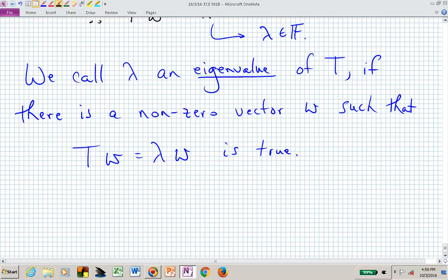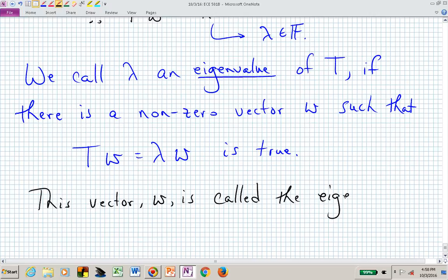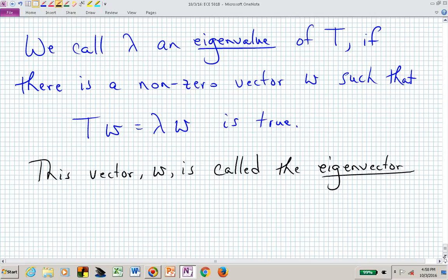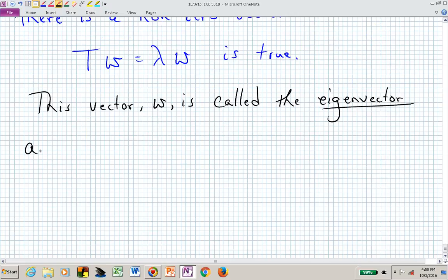And we give w also a distinct description, or a word to describe that, and that's our eigenvector. This vector w is called the eigenvector associated with that scalar lambda.